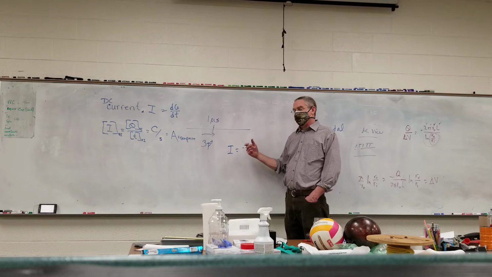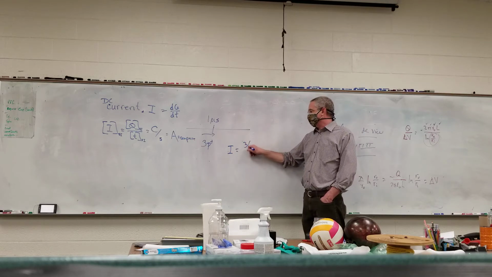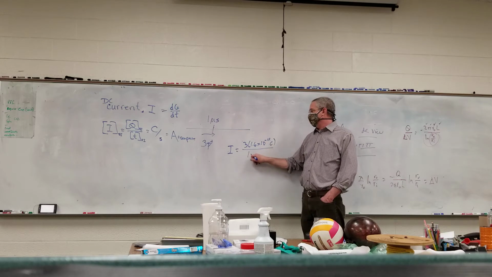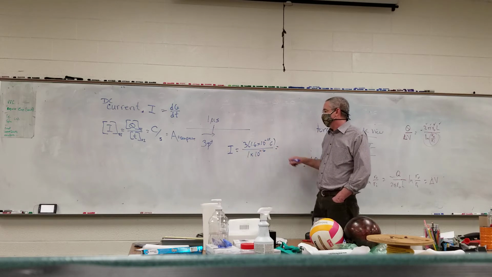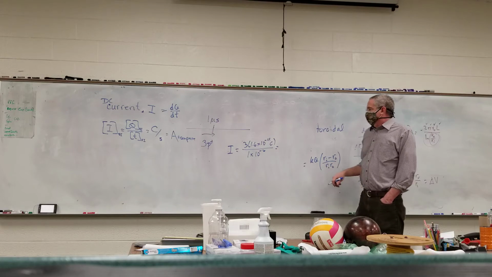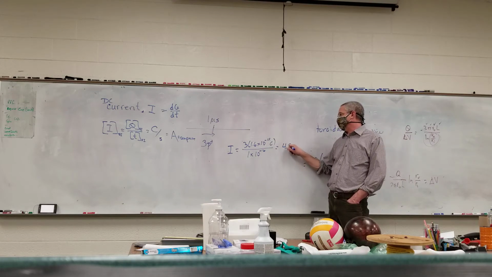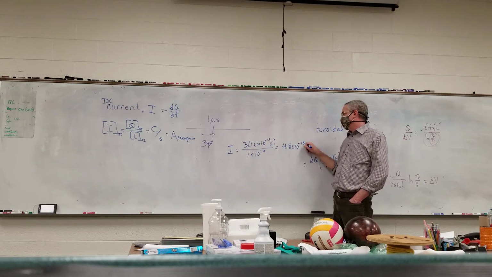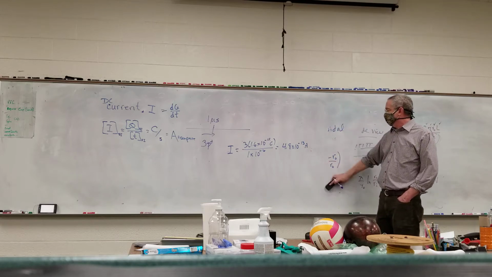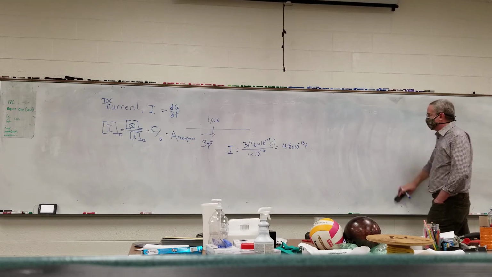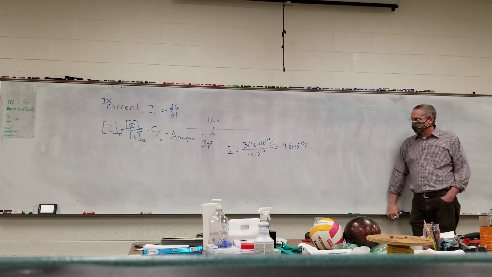So my current is the charge that passes by. That's 3 times 1.6 times 10 to the negative 19th coulombs, divided by 1 times 10 to the negative 6th seconds. And so that's 4.8 times 10 to the negative 13th amperes. That's a small current.